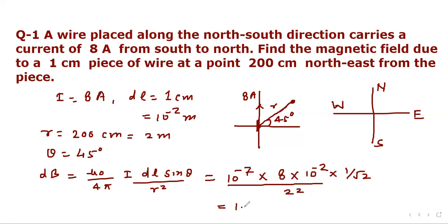It will be equal to 1.4 into 10 to the power minus 9 Tesla. And the direction of the magnetic field will be perpendicular downward.